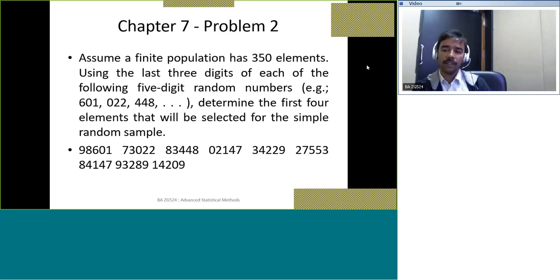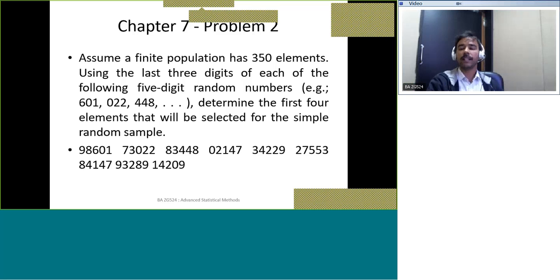So first number 601. There is no student corresponding to 601, so we will discard. Are you understanding? The next one is 022. Yeah, there is a student corresponding to 22. Next number is 448. There is no student corresponding.